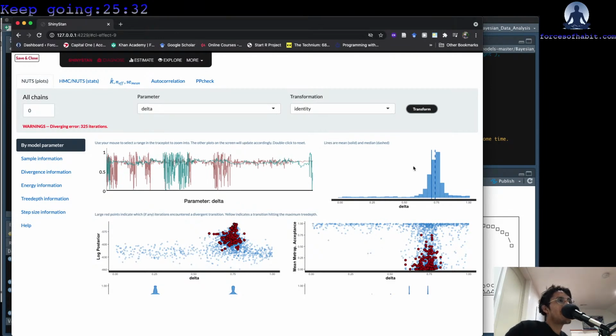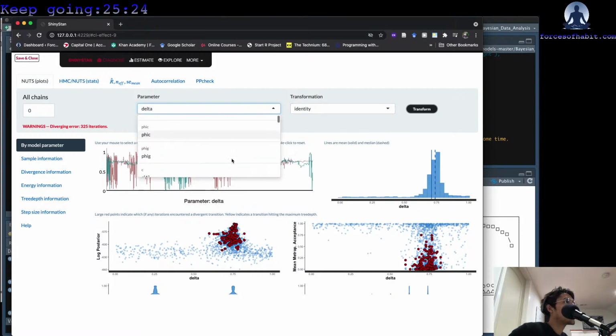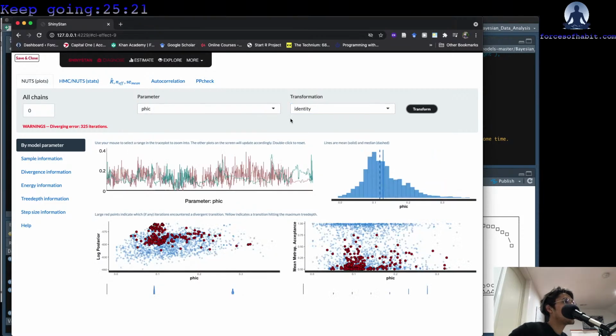Well, here's a histogram for the delta parameters. Certainly is a difference. And phi C looks better.